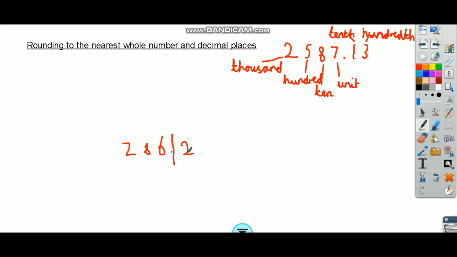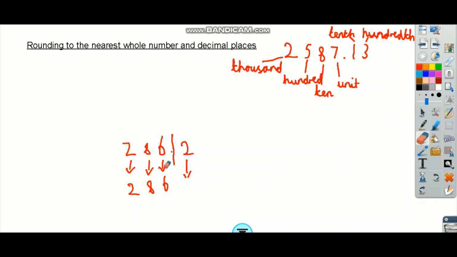We know that 2 is less than 5, so we keep this the same. So we put 6 down here, but we turn this to a 0, and then you put all the other numbers down. Now the answer is 286. Remember, when you're writing the answer down, don't add the 0.